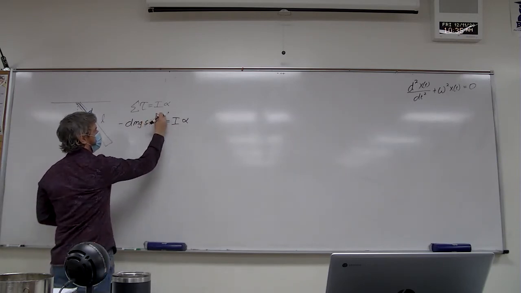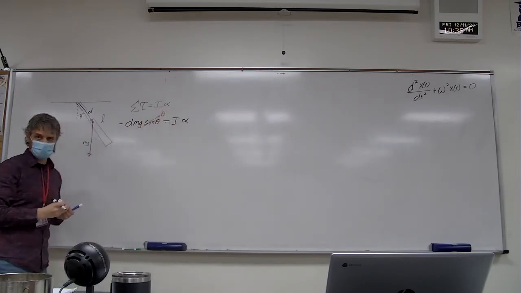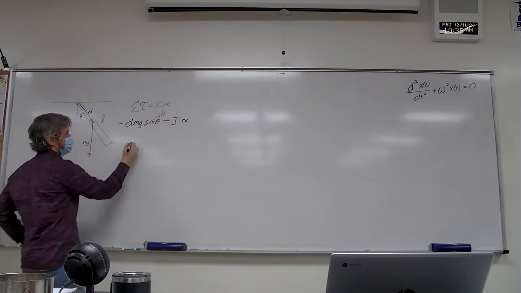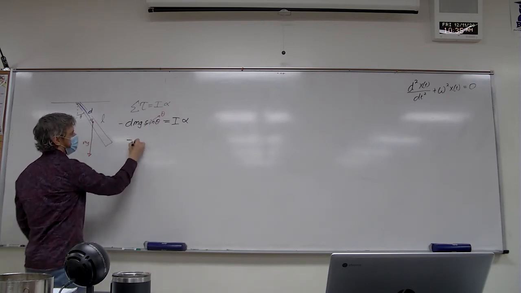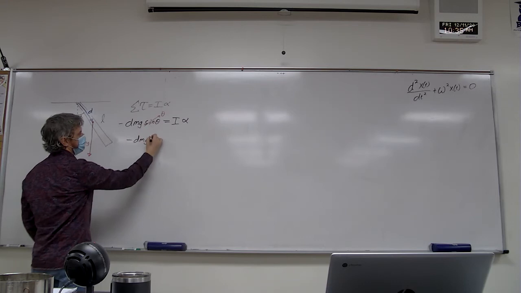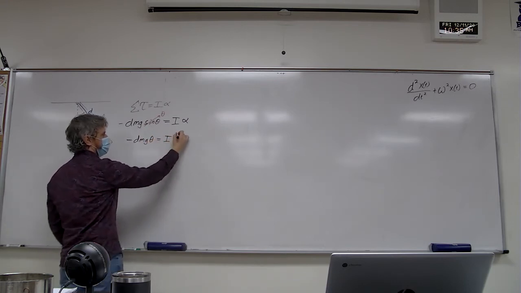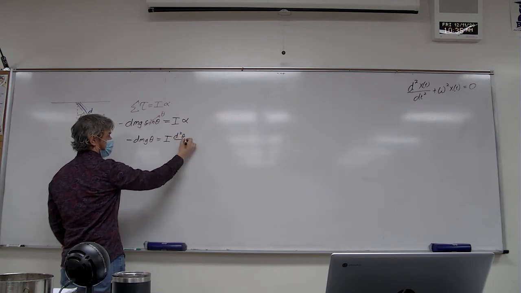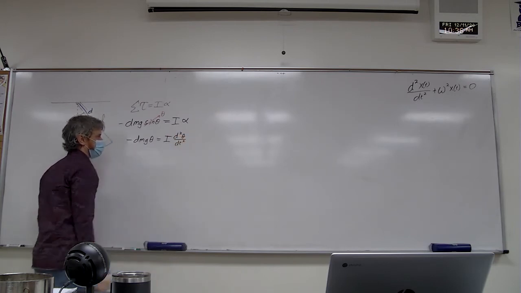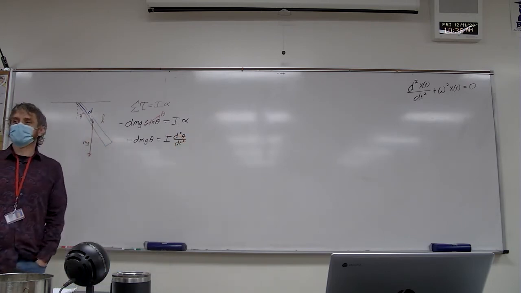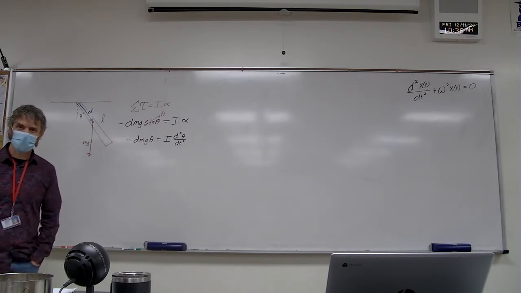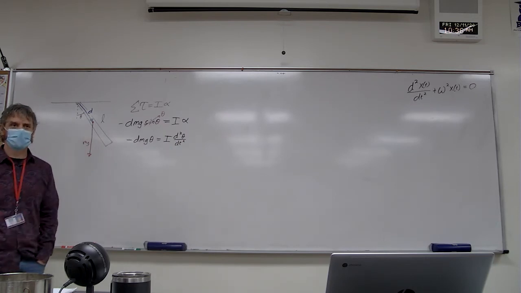Sine of theta is approximately equal to theta by the small angle approximation. So I get negative dmg theta equals I alpha. Alpha we know is the second derivative of theta with respect to time. You can write theta in function notation if you wish. I'm going to do it slightly differently here just to show you that you can do both.